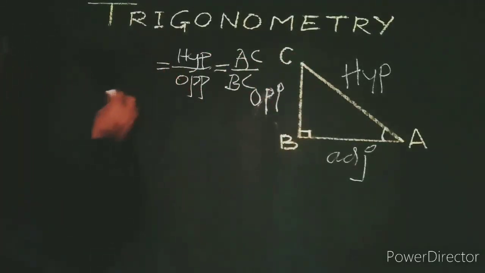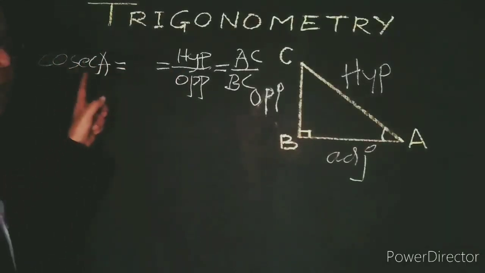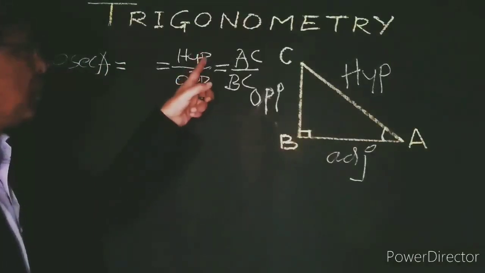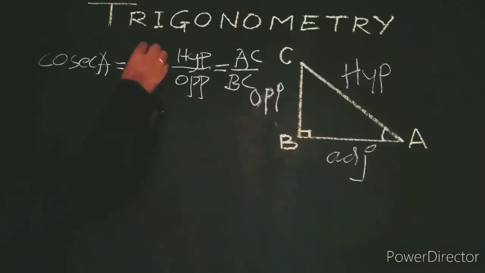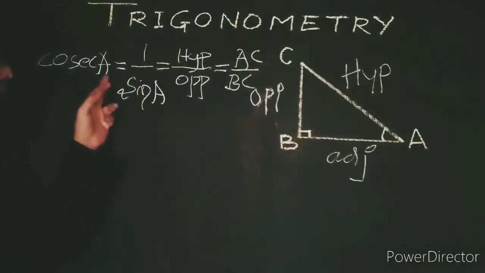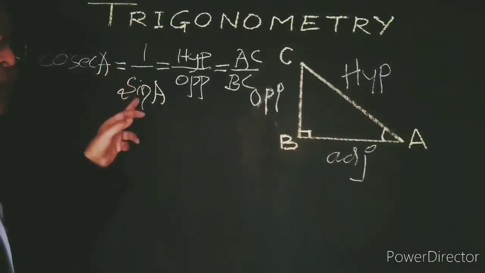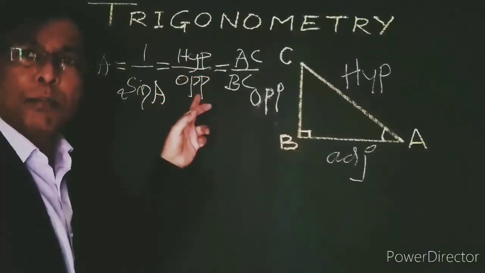This ratio is known as cosec A. Cosec is nothing but hypotenuse divided by opposite side. We can also get this if we take the inverse of sin A. Therefore, cosec A is nothing but 1 upon sin A, or hypotenuse divided by opposite side.